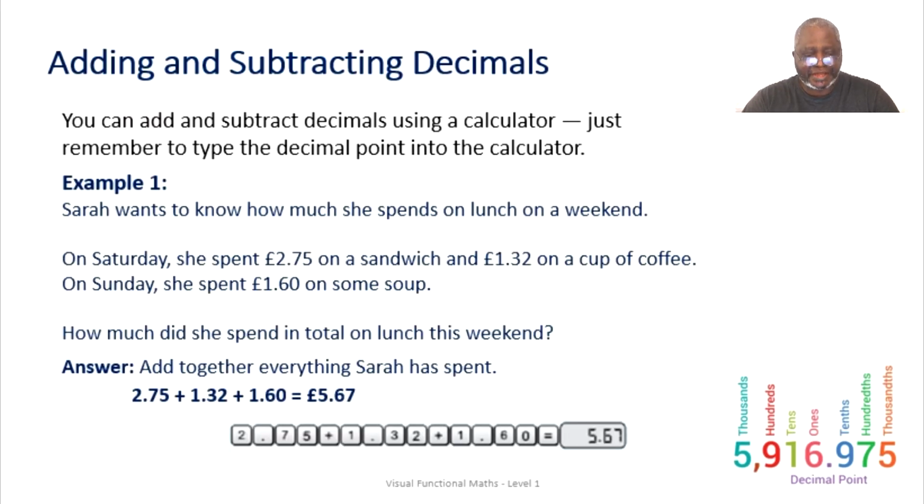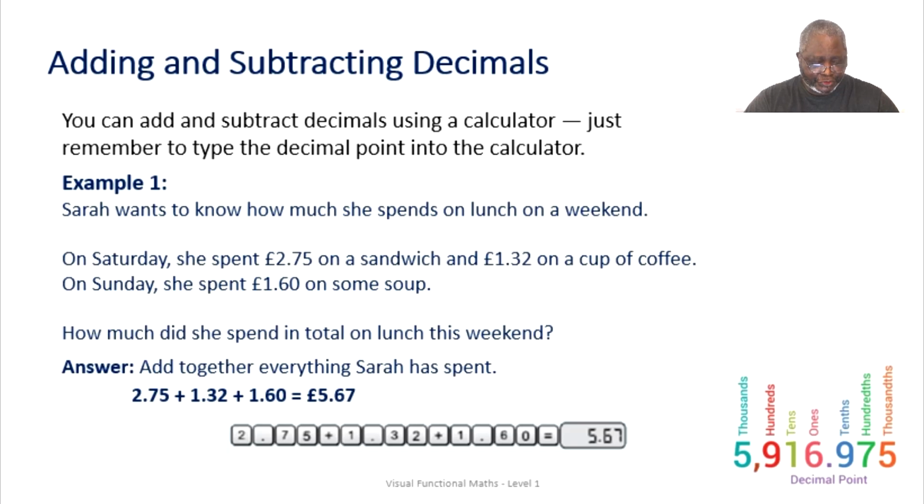Adding and subtracting decimals. You can add and subtract decimals using a calculator. Just remember to type the decimal point into the calculator. Example 1. Sarah wants to know how much she spends on lunch on a weekend. On Saturday, she spent £2.75 on a sandwich and £1.32 on a cup of coffee.